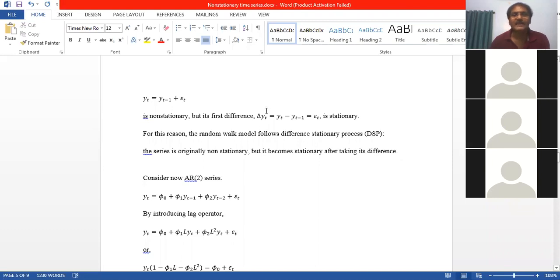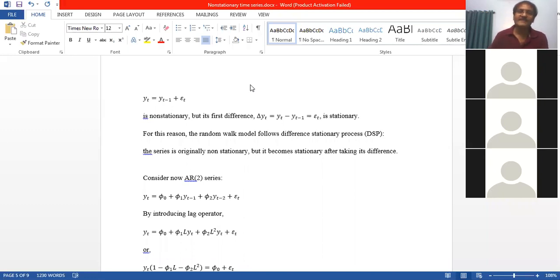So this is the story about AR1. So in AR1, think about the basic structure of AR1. Yt is equal to phi naught plus phi 1 yt minus 1 plus epsilon t. If we impose the restriction phi 1 less than 1, yt becomes stationary. We have derived the results in class. If we set phi 1 is equal to 1 in AR1, you have a random walk model.